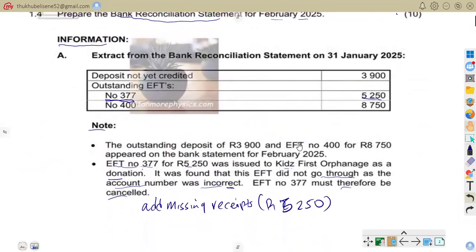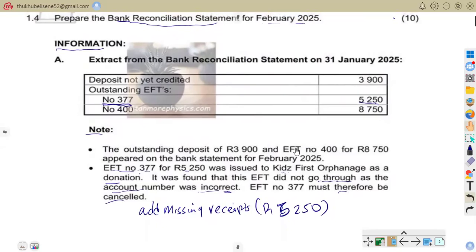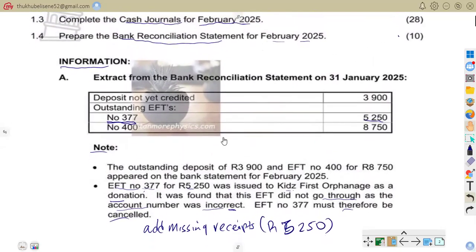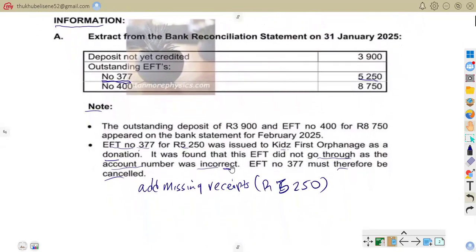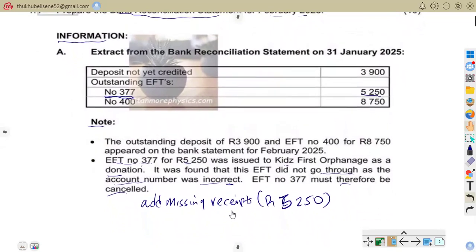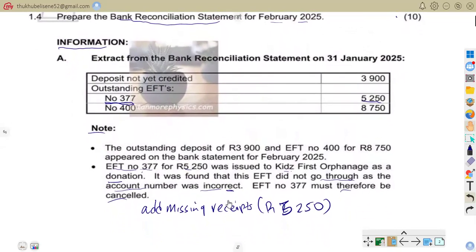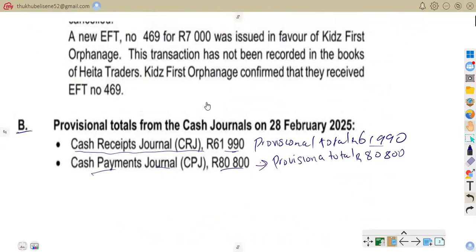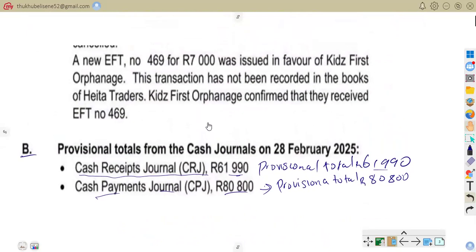We have information A, and we try to find out if there is something that can affect our cash payment journal. Let us go through together and see if there is something that can be taken to the cash payment journal. Here we are still under information A.